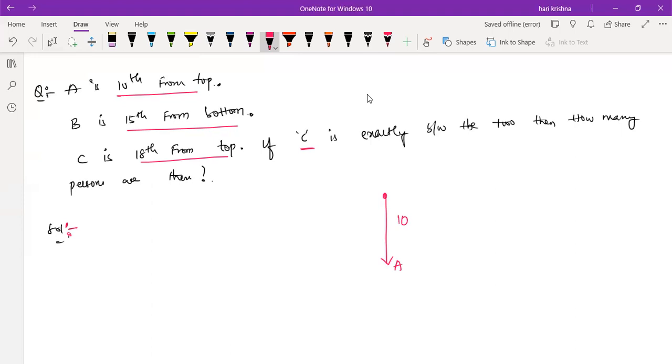A is 10th from the top, and B is 15th from the bottom. And C is 18th from the top, and it is exactly between them, right? So C is 18th from the top.